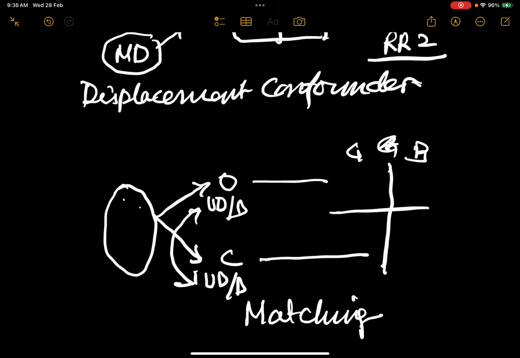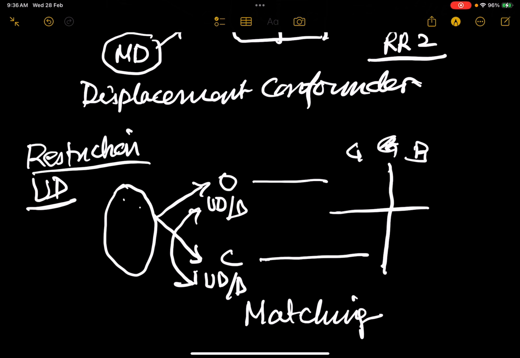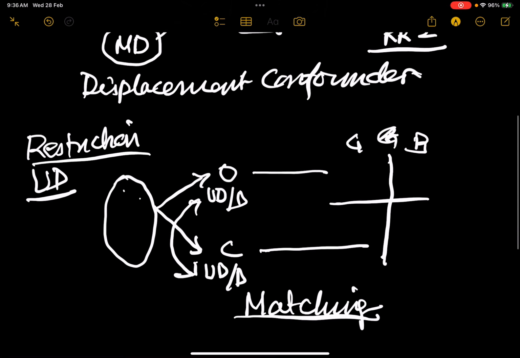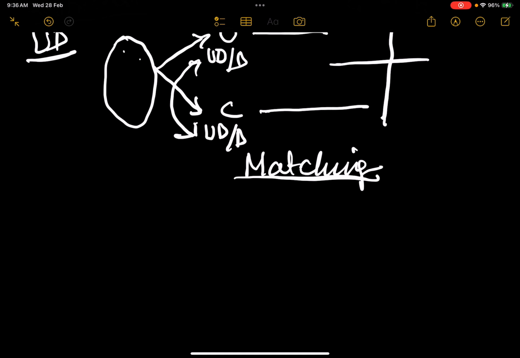Then there can be that we'll only take the undisplaced fractures. Again, both groups become matched on the type of displacement, and this is called restriction. So restriction, matching.